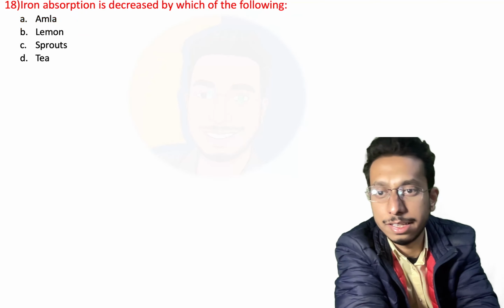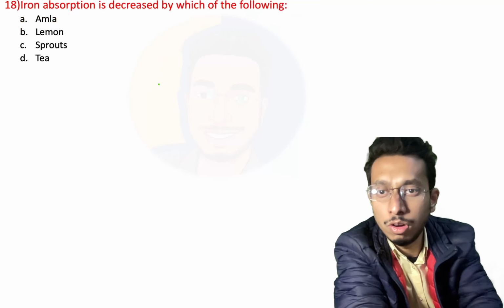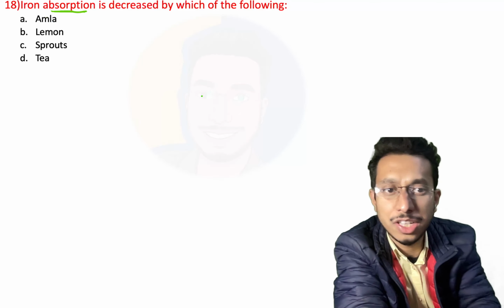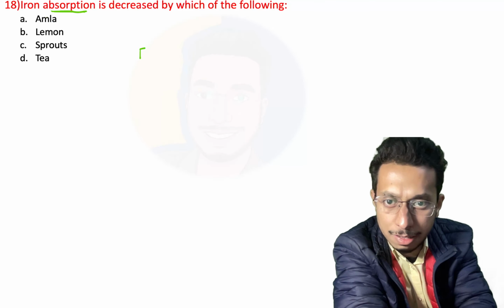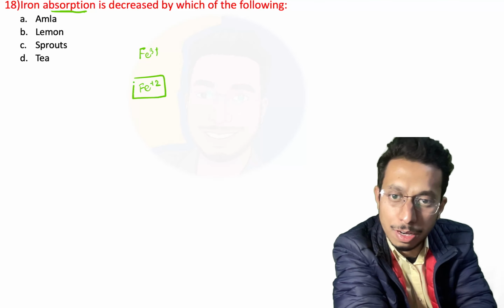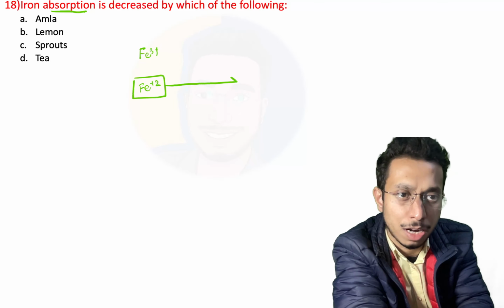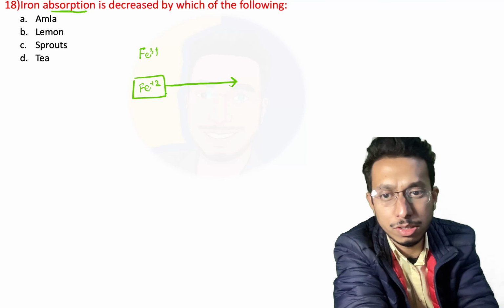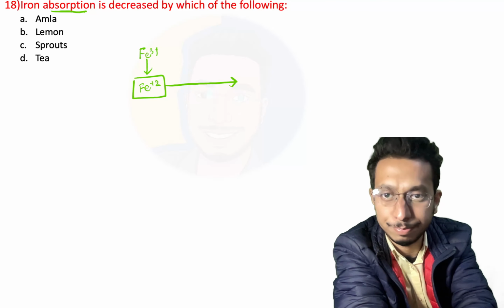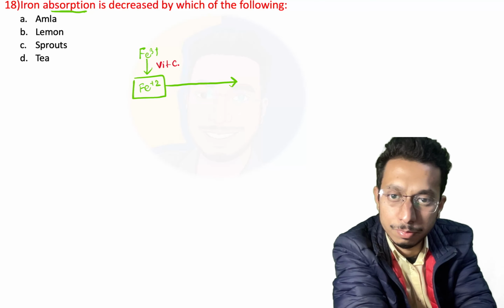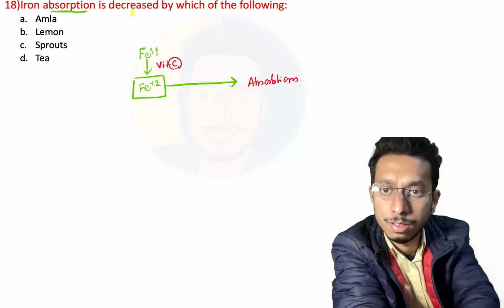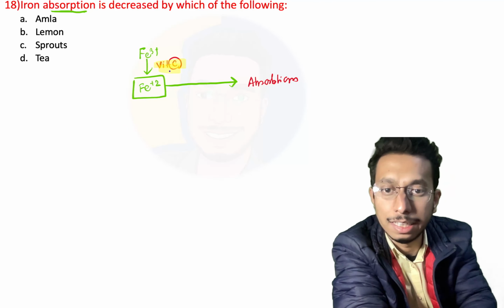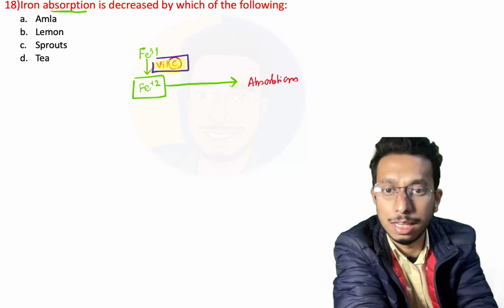Now coming to the next question, it says iron absorption is decreased by which of the following? We need to understand the iron absorption form. Iron is available in ferric form and ferrous form. Iron is absorbed in the body in the Fe2+ form, right? So vitamin C promotes the conversion of Fe3+ to Fe2+. Therefore, a vitamin C rich diet promotes absorption of iron in the body.